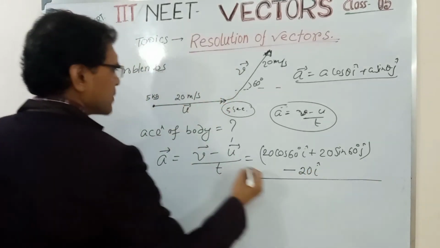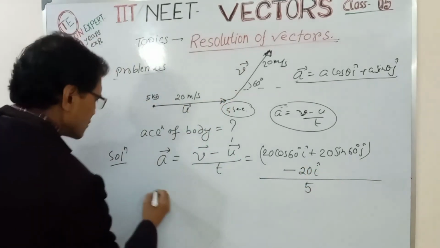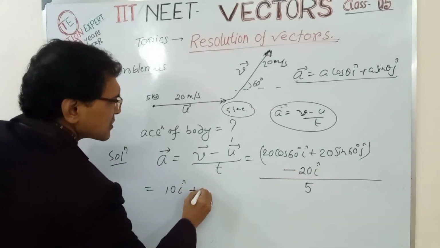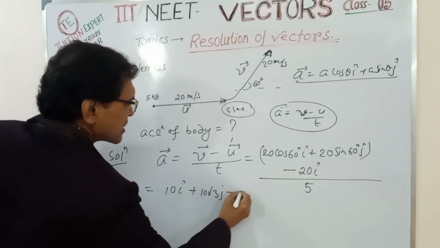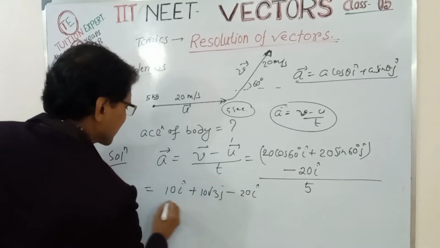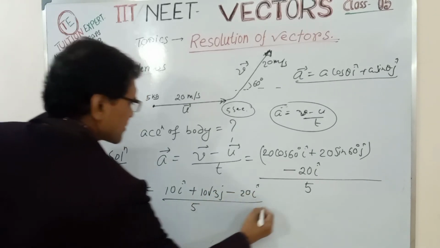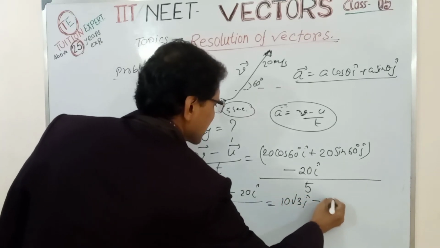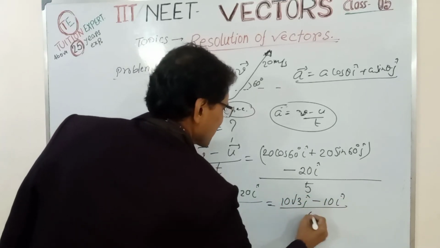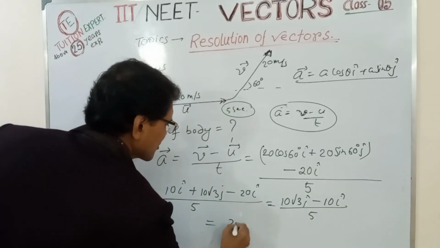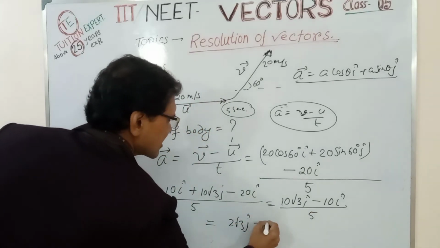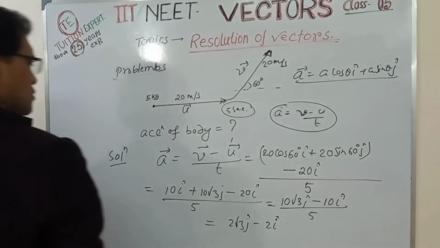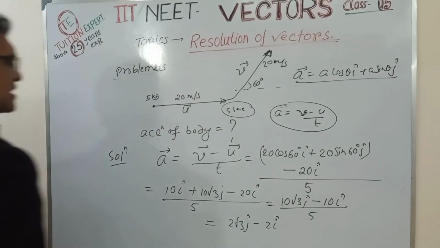Dividing by time 5 seconds, this is the acceleration.